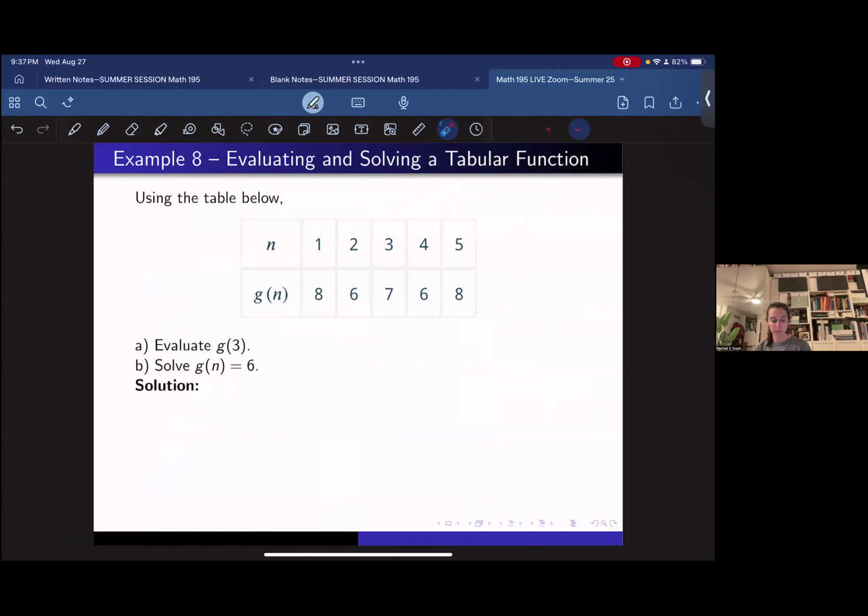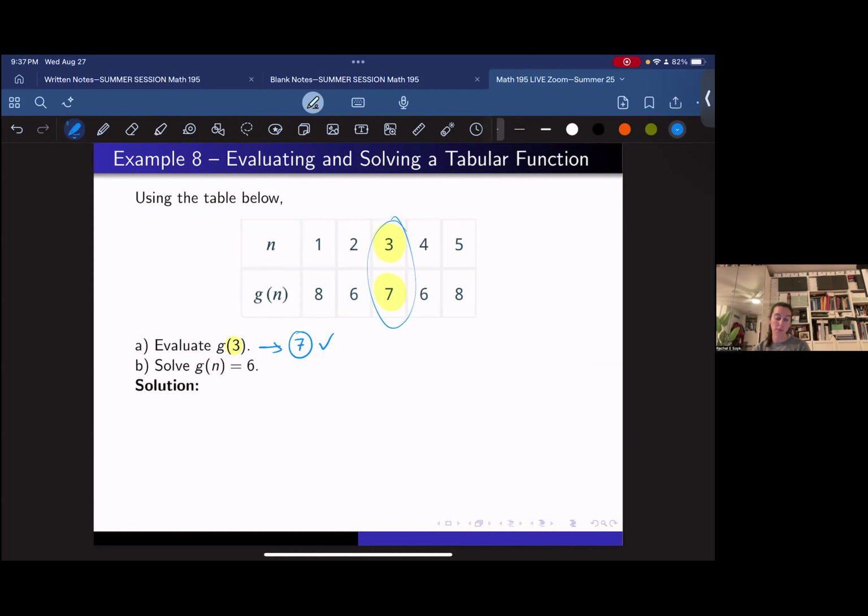in concrete form. So our part A is asking us to evaluate g of 3. And so what that means is wherever you see the 3 value in our n row, we want to figure out what our output value is, which is 7. So g of 3 is just simply equal to 7.